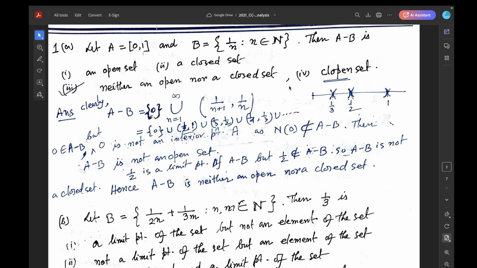This set A is the closed interval 0 to 1, and B is the elements 1/n, that is 1, 1/2, 1/3, 1/4, and so on.